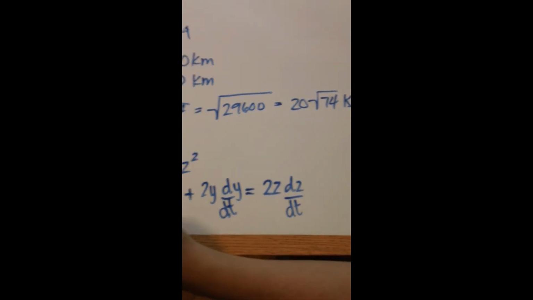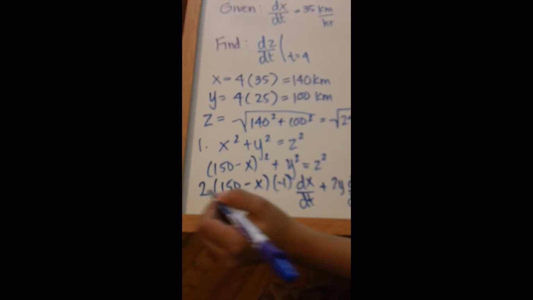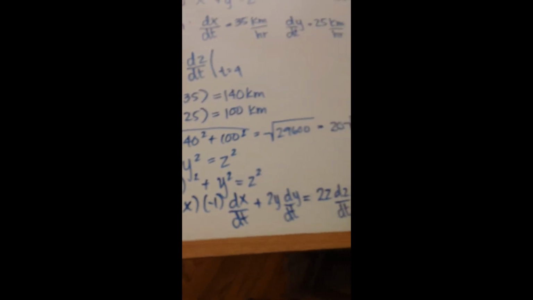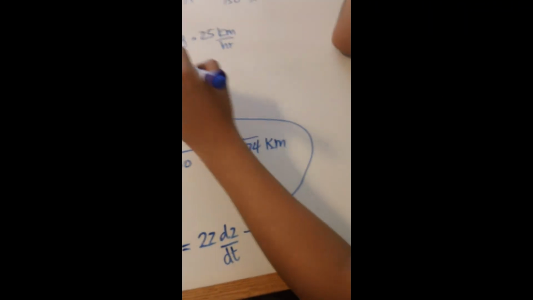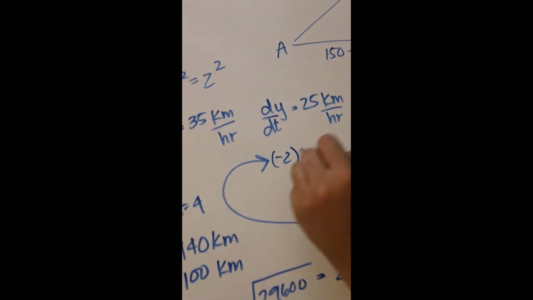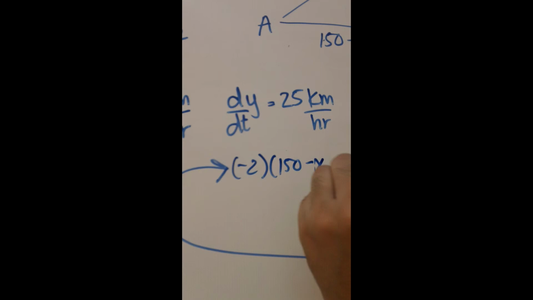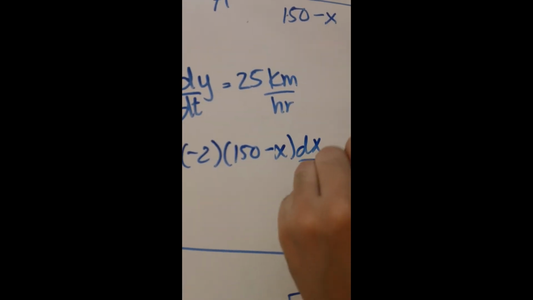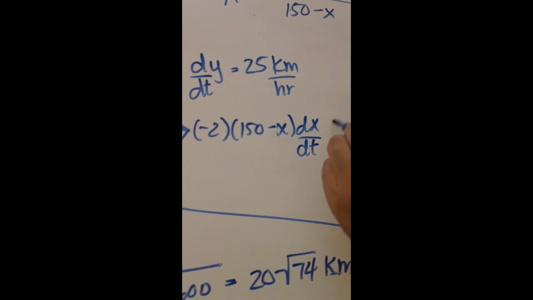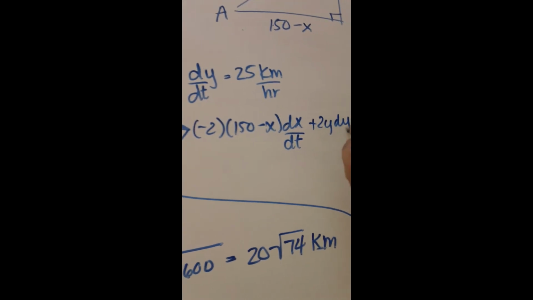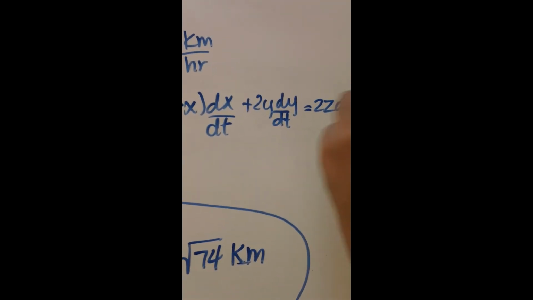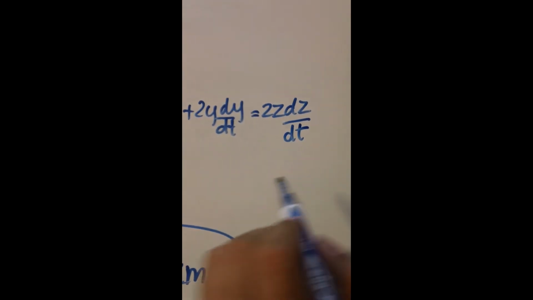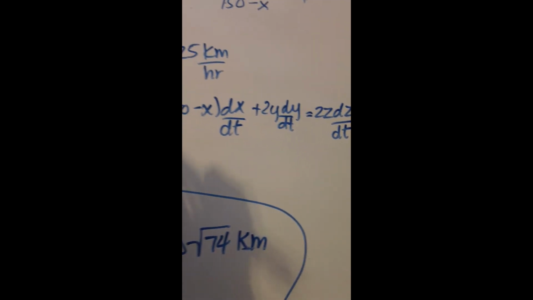From here, we're going to take the -1 and multiply it by the -2. So that's really -2 times 150 minus x dx dt plus 2y dy dt is equal to 2z dz dt. From here, you substitute in what you already know.